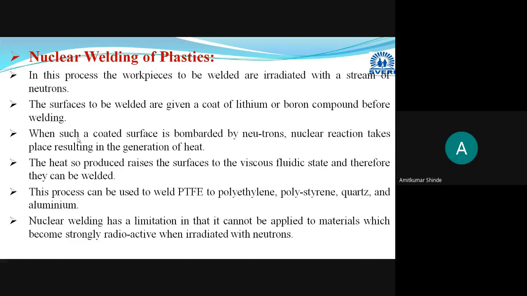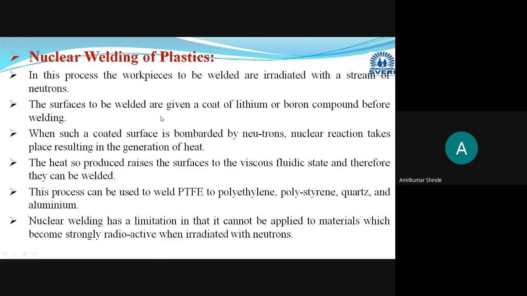In this process, the workpieces to be welded are irradiated with a stream of neutrons, which is obtained from a radioactive element. How this is obtained is explained in the next step.